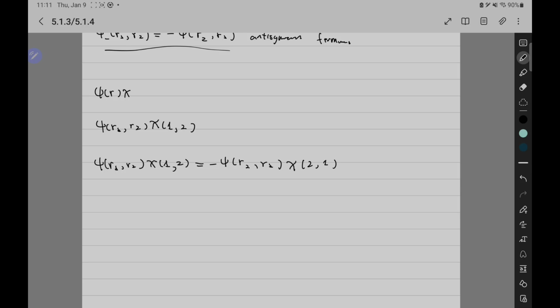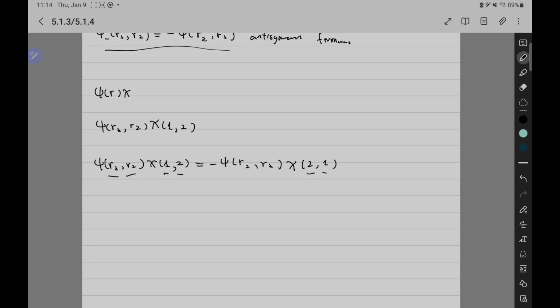So what does this mean? This means that when we have two identical particles that are anti-symmetrical under exchange, in this case fermions, because fermions are anti-symmetrical under exchange, when you swap the spatial coordinates r1, r2, the 1 and 2 in the spinor must also swap.